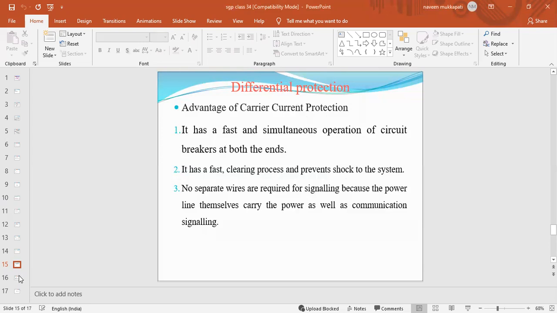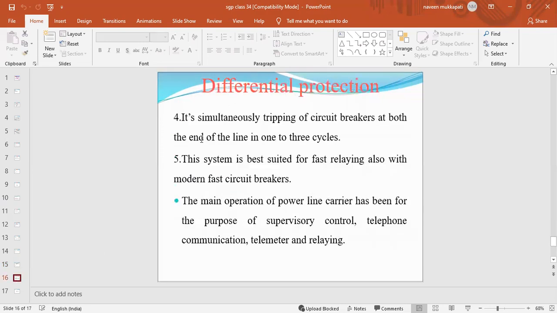Next, coming to some of the other advantages, it trips the circuit breakers at both ends of the line simultaneously in 1 to 3 cycles. Why? Because in each and every cycle it checks the carrier current directional comparison and also the phase comparison.